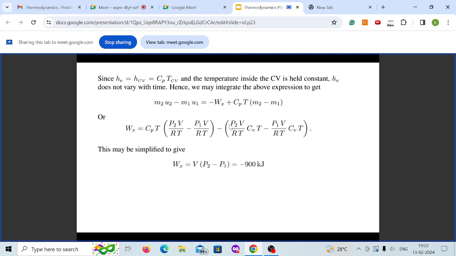When you simplify it, it becomes W is V into P2 minus P1. This whole expression can be simplified into V into change in pressure. Why is this happening?